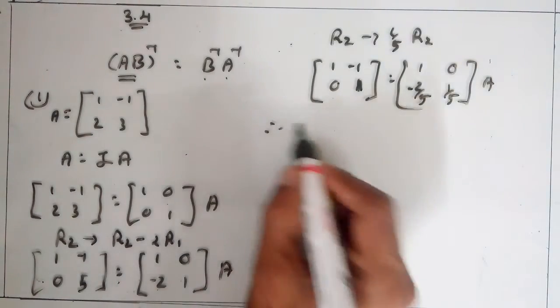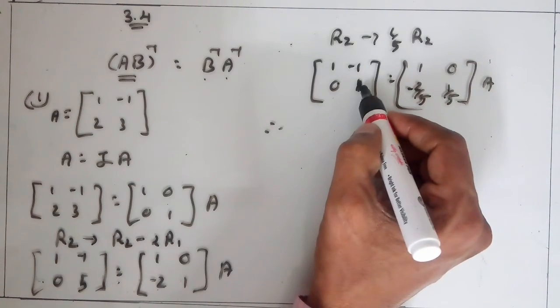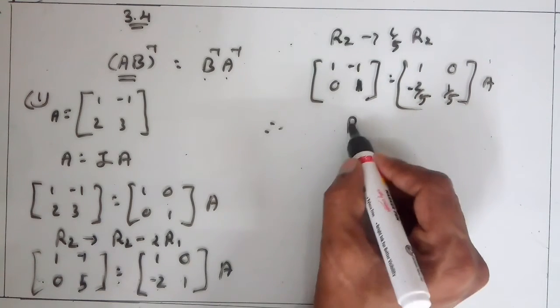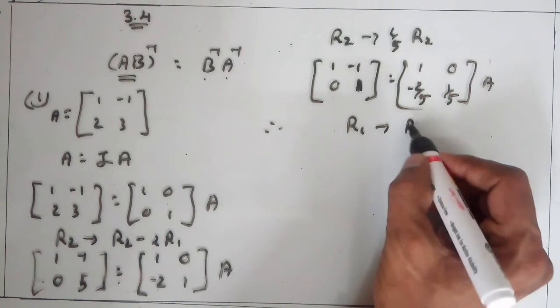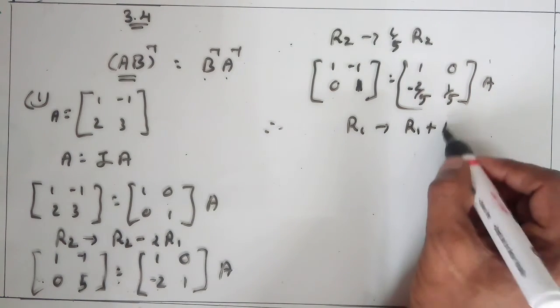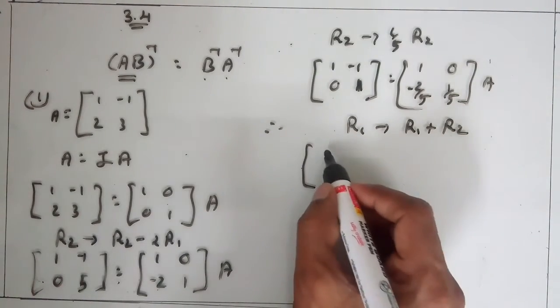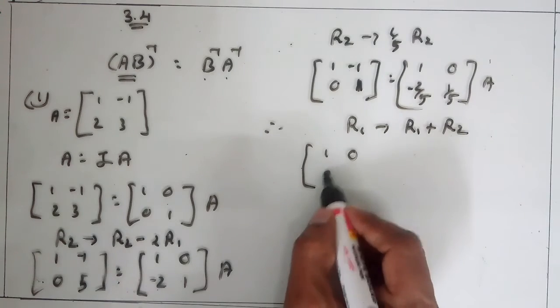Clear? Now here we need to get a 0, multiplying this second row by 1 and adding, that is we apply R1 implies R1 plus R2. Clear? So here we get 1, minus 1 plus 1 becomes 0, 0, 1.